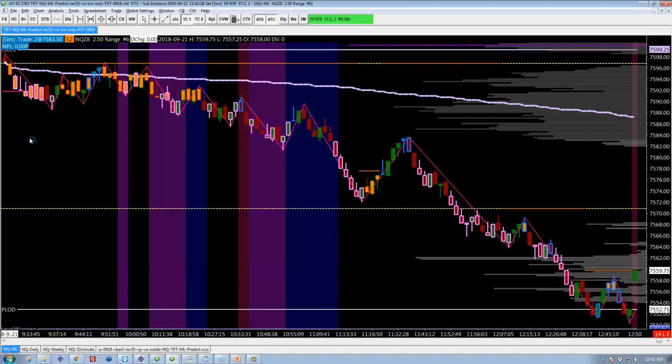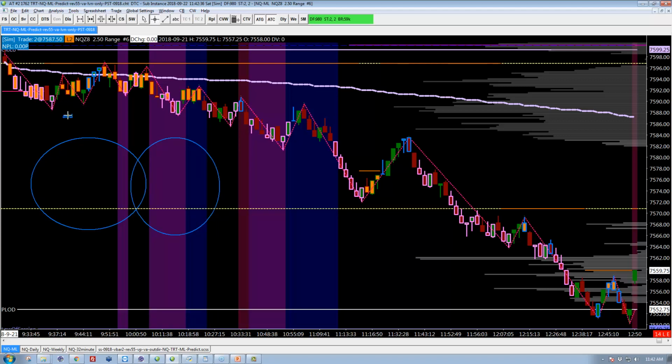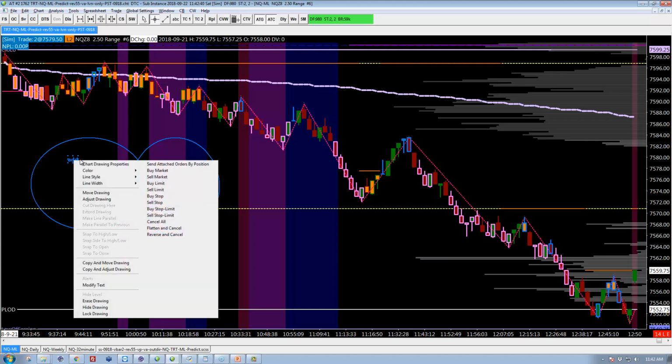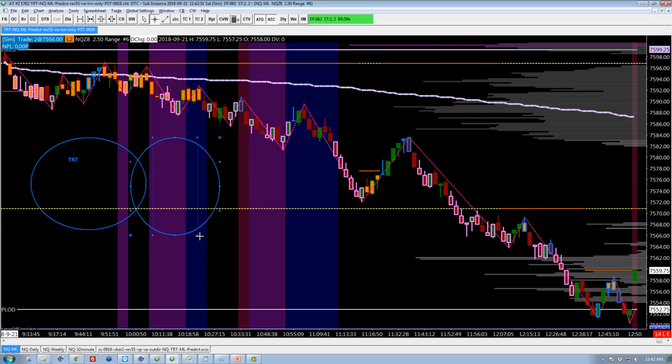In fact, I can do that here. It's something like this, where this is TRT here. This is the TRT stuff, traditional stuff. This is TRT, and then this is low volume node.